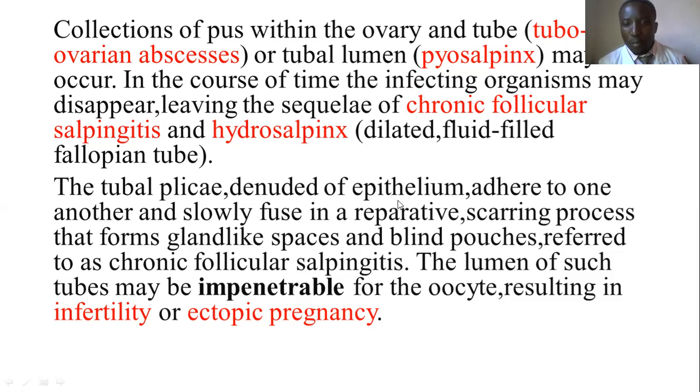When there's denudation of epithelium and the denuded parts keep adhering, attaching onto one another, and slowly fuse in a reparative scarring process that forms gland-like spaces and blind patches, this leads us to chronic follicular salpingitis.